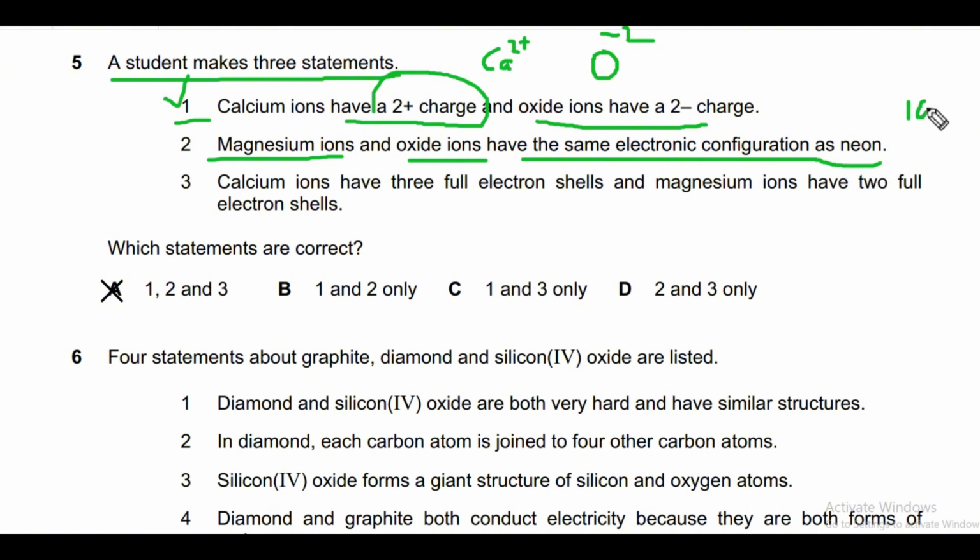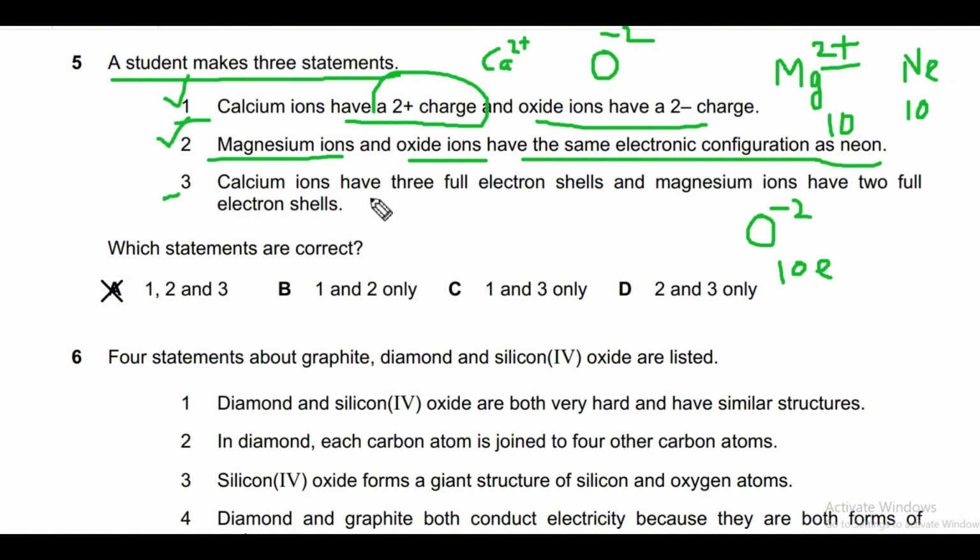Neon has 10 electrons, so magnesium ion has also 10 electrons, because magnesium has 12 electrons and when magnesium forms 2 plus, 2 electrons less, 10 electrons. Also oxygen has 8 electrons; when it forms oxide ion, 2 electrons more, so 10 electrons. Oxide ion 10 electrons, magnesium ion 10 electrons, neon has 10 electrons. So B also right, correct.